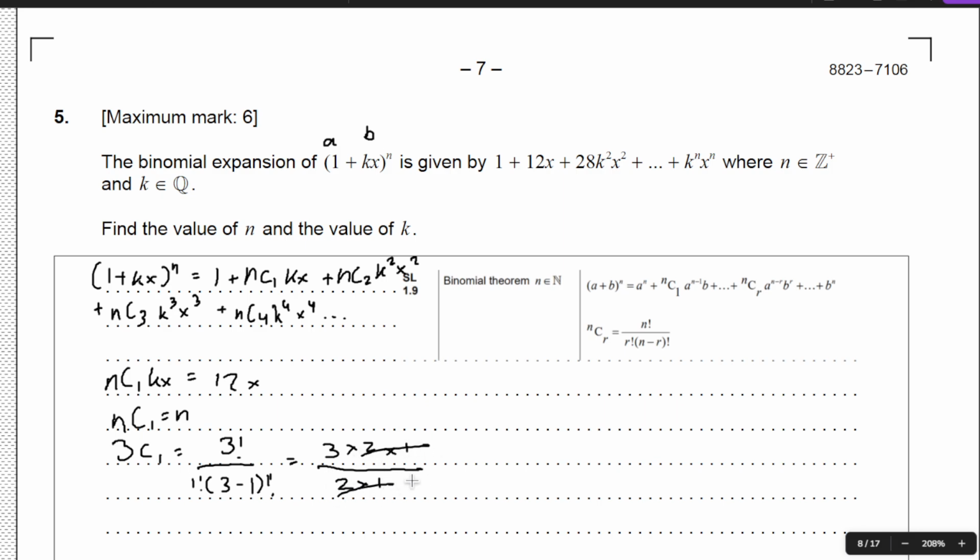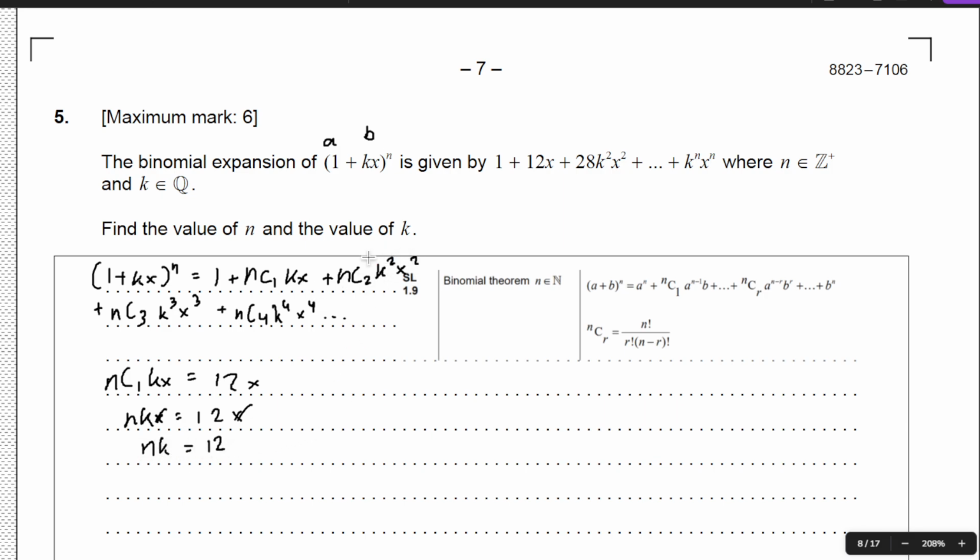Then you cancel this out and you end up with 3. So you still get n. Anything nC1 would equal n. So another way to rewrite this is nkx equals 12x, and when we cancel the x's, it would be nk equals 12.